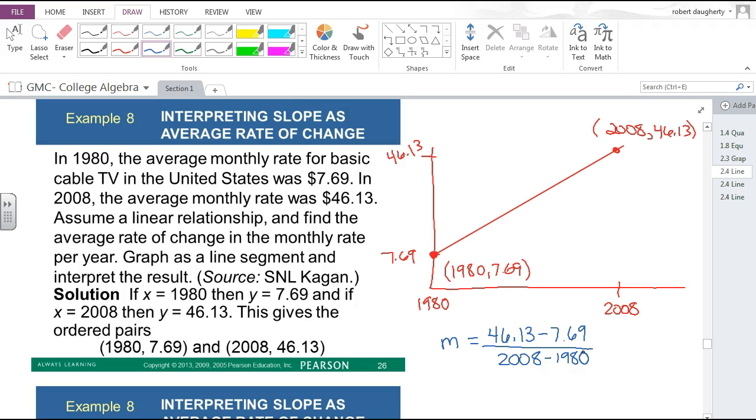So if I do this on my calculator, let's see, 46.13 minus 7.69 equals 38.44, over 28. So 1.07 or 1.08.